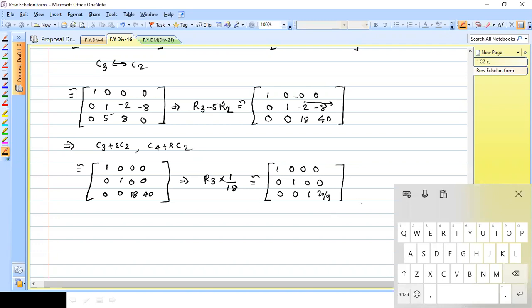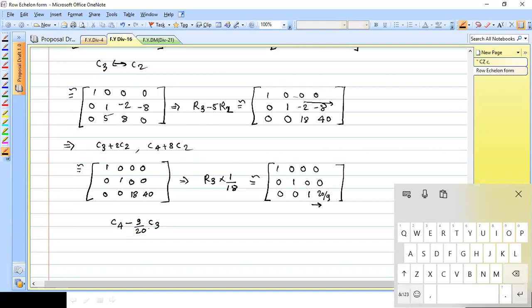So now what is next? Is it your normal form? No, sir. What is next? Sir, to convert 20 by 9 into 0. So how do we convert this term into 0? Sir, C4 minus 20 by 9 C3. You have written 9 by 20.